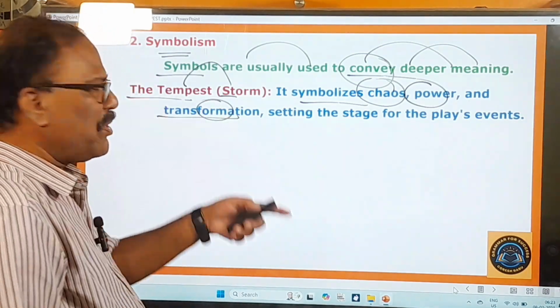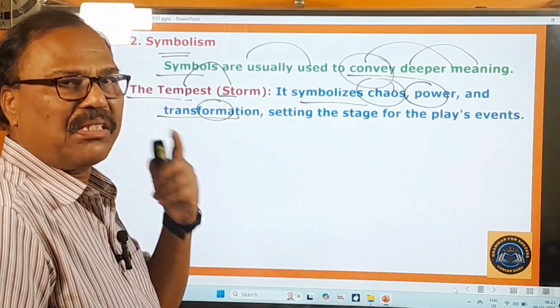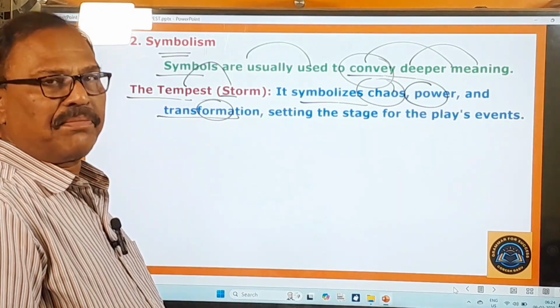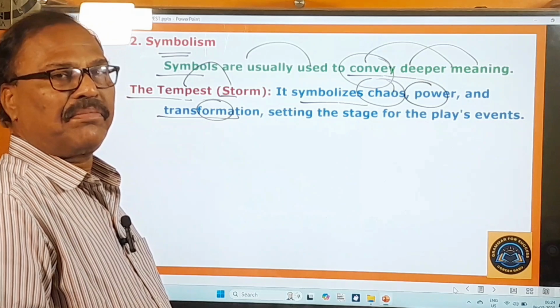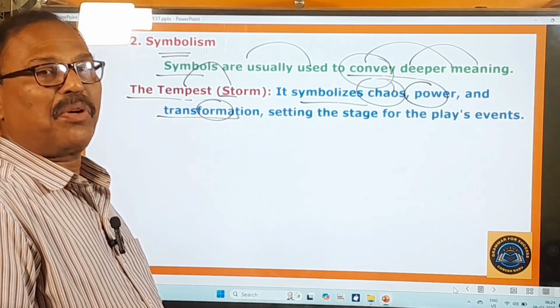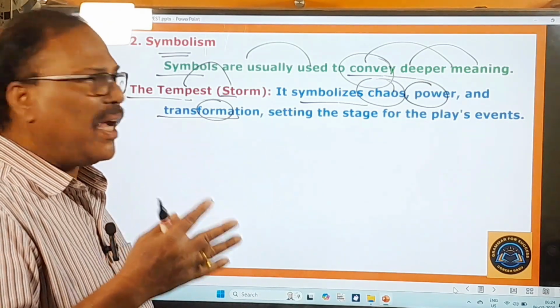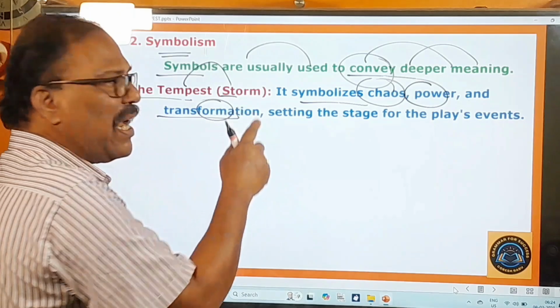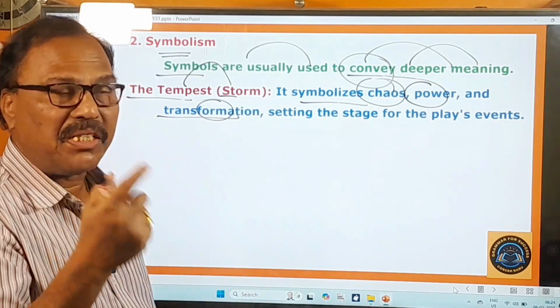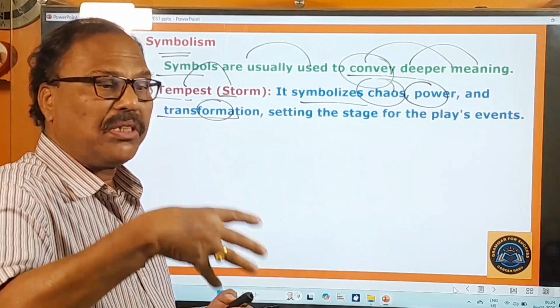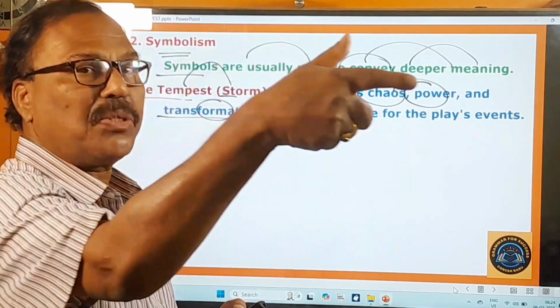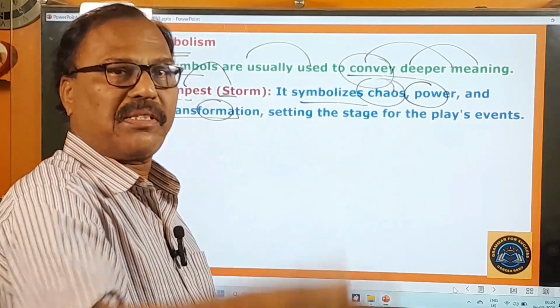Because after coming to this island only, this Alonso has changed. He has become repentant. And here after coming to this island only, this Prospero has changed. First of all, at the beginning of the drama, he wanted to take revenge on his conspirators, on his usurpers.